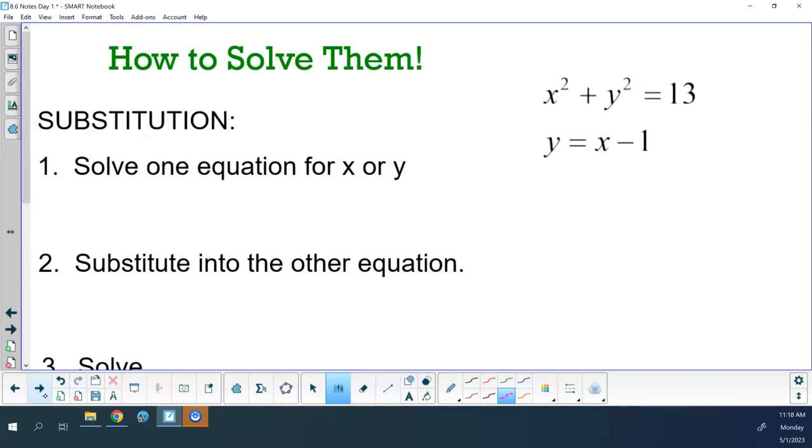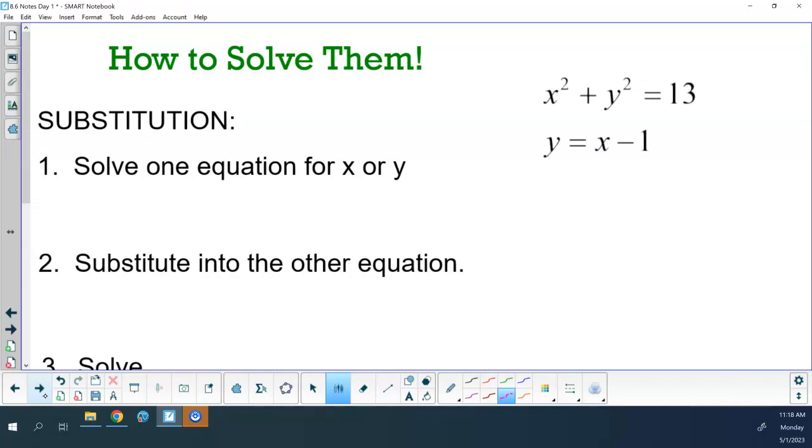Now, if you'll notice, the steps for substitution in a quadratic system mirror those steps that we did in the warm-up problem for substitution of a linear system. First step, solve one of the equations for one of the variables. Sounds really familiar, what we just did in the warm-up.